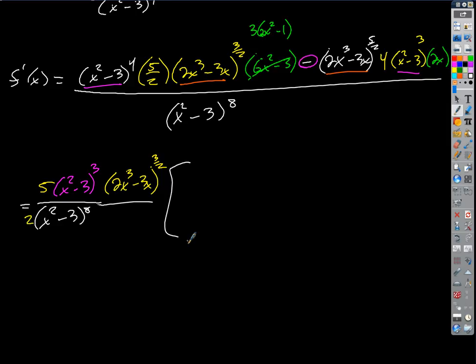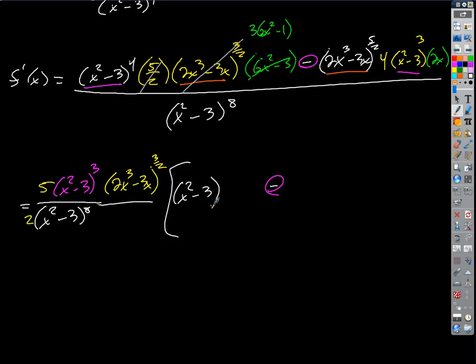Okay, so here's my minus sign that's separating the two terms. What am I left with from the first term on top? I took out the 5 halves. I factored that out completely. And so I'm left with x squared minus 3, okay?